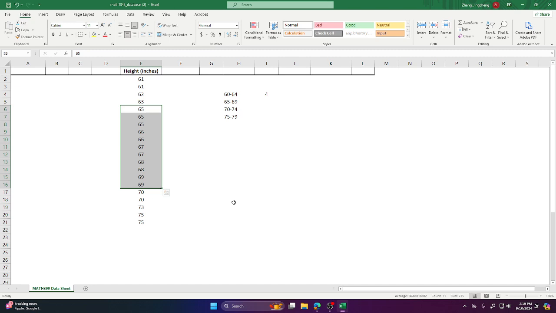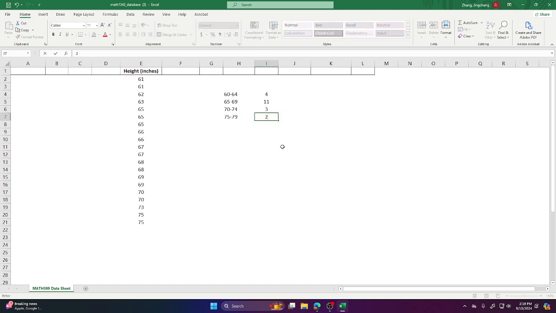There's the count again. See, it says count. Yes, I would be using that. Y'all have a lot more numbers than me. So yeah, 11 for me. 70 to 74, because I'm not including 75 there. 3, and then 2 of these last guys. Okay, so I'm just counting how many.